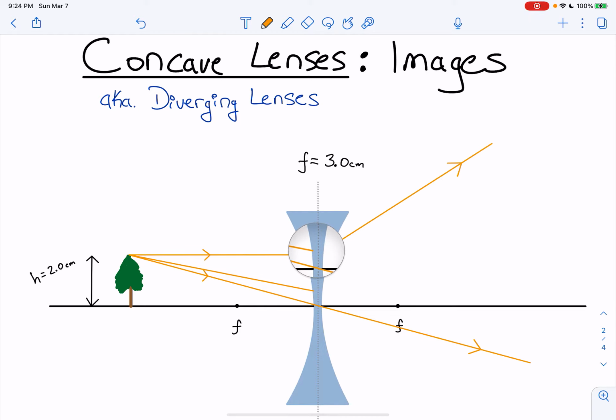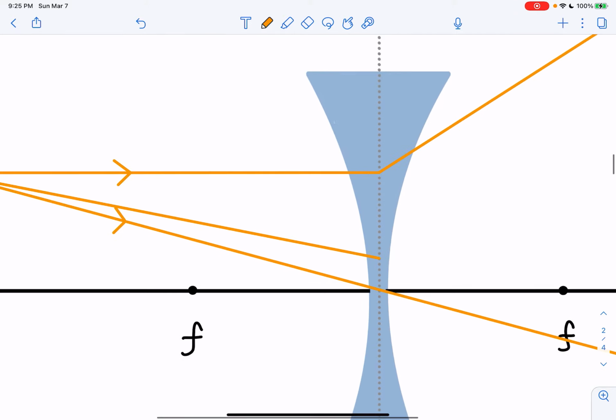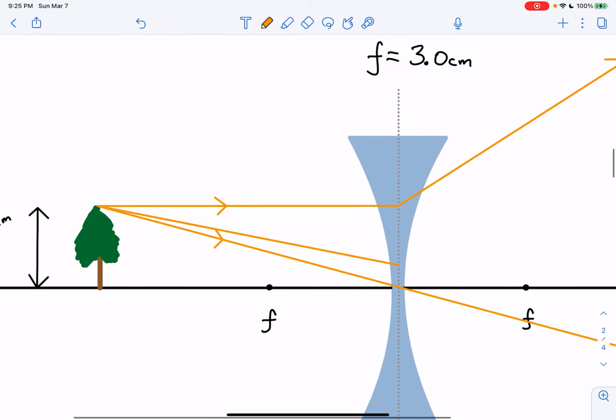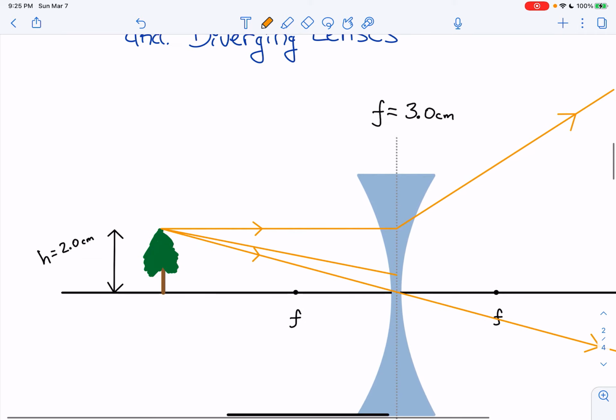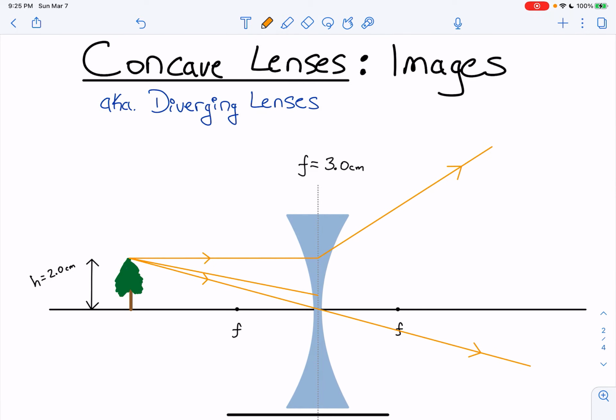Again, I'm taking these rays as best I can to the center. Okay, this is our thin lens approximation method. And then after it refracts, that ray will go parallel to the optical axis.